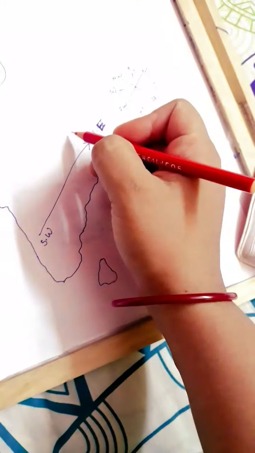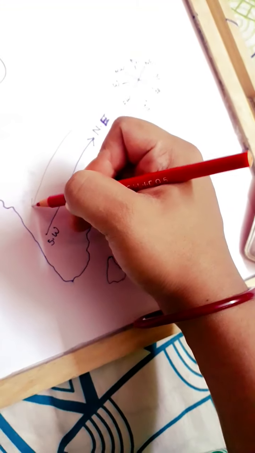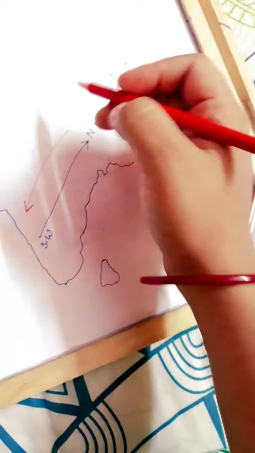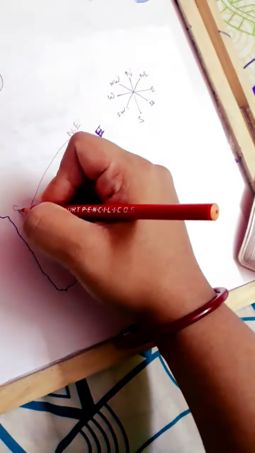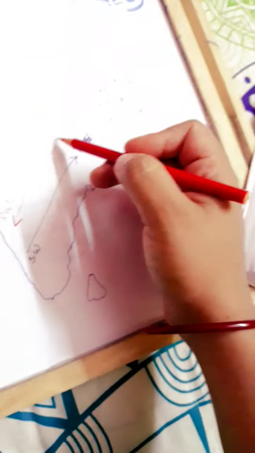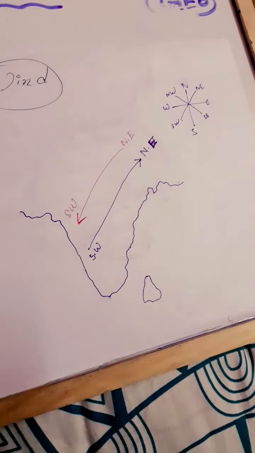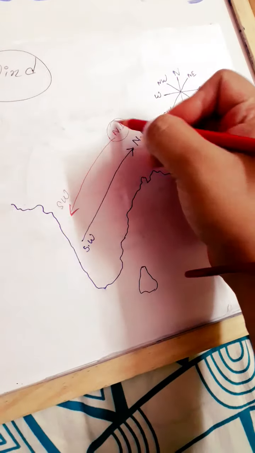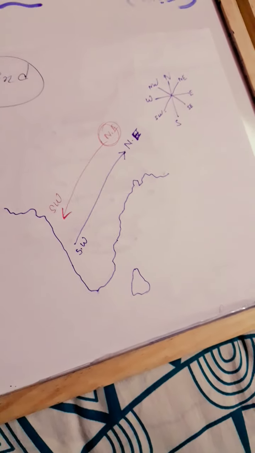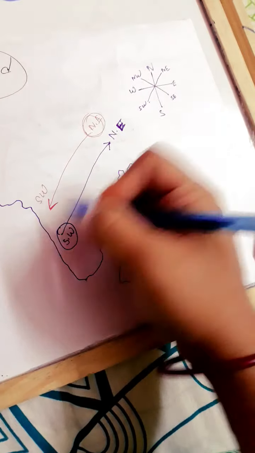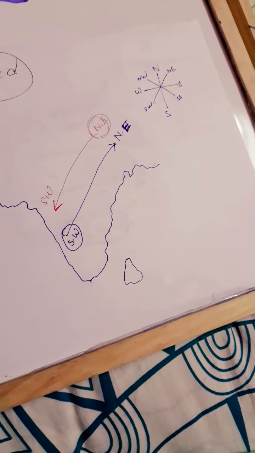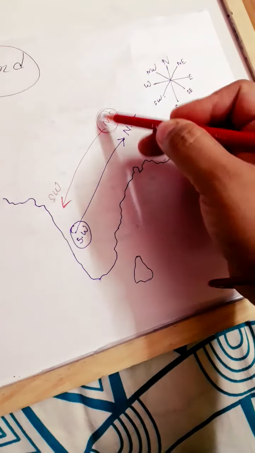But if the winds are coming from the northeast and the place of origin is northeast, then the name of that wind will be northeastern wind.